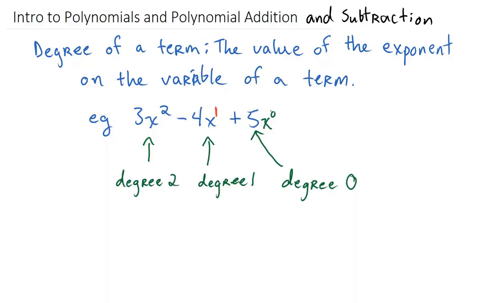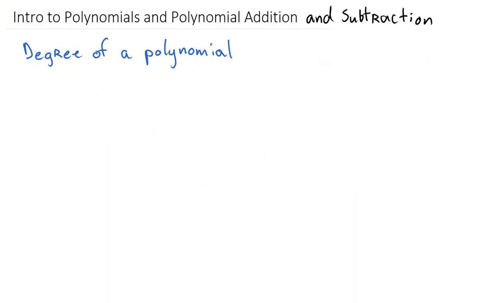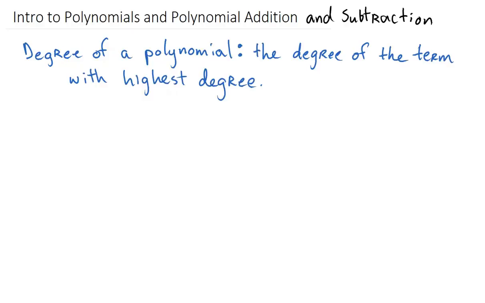You could also just think that the degree is saying how many x's are being multiplied. So when you just have a 5, how many x's are being multiplied? 0 of them. So that's the idea of the degree of a term. Now we want to look at the degree of a polynomial as a whole. The degree of a polynomial is the degree of the term with highest degree.